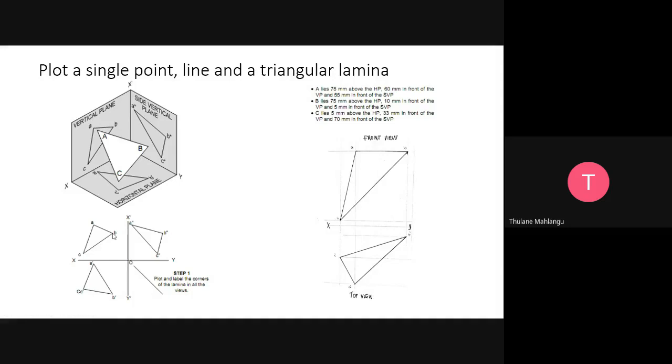When they say point B lies 30 millimeters above the horizontal plane, you're going up in the front view. When they say in front of the vertical plane, it means from the XY down to the top view.